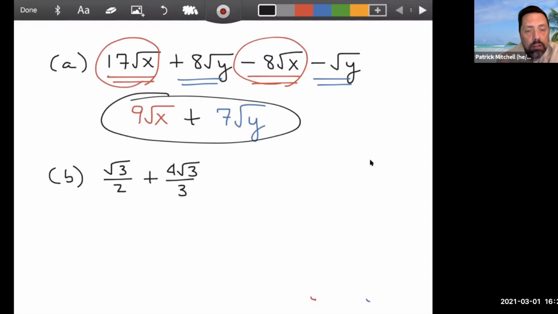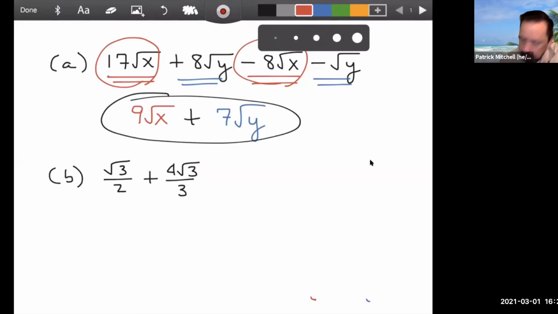All right, then we have square root of 3 over 2 plus 4 square root of 3 over 3. This is almost more of a fraction problem than a radical problem. Remember, to add any fractions, you have to have a common denominator. So for these two fractions, that denominator would be 6, right?